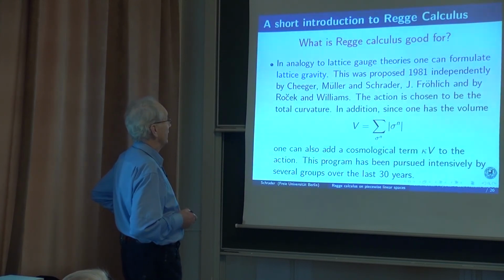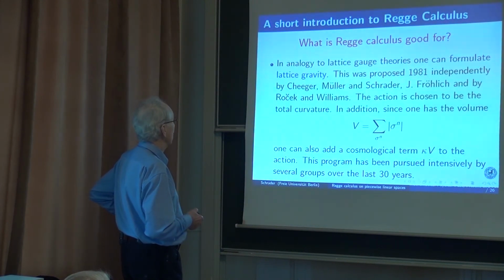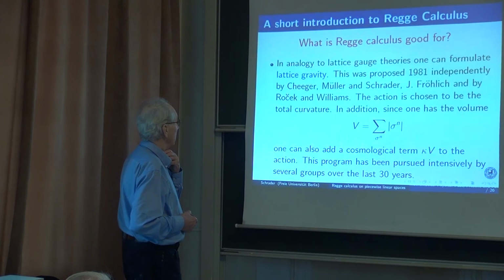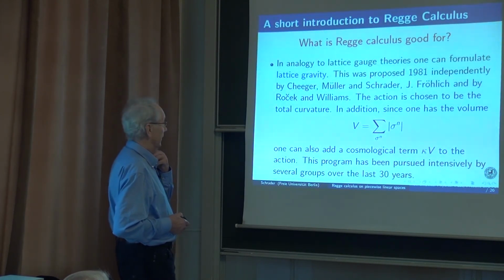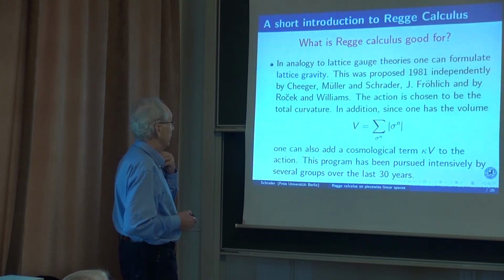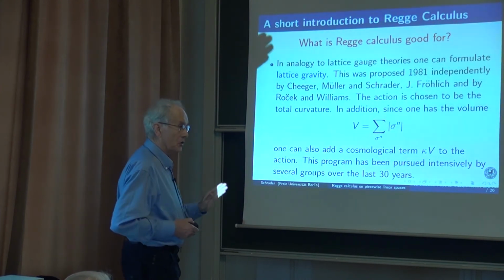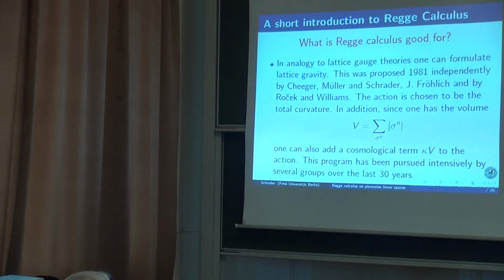And this was hanging around. So what is Regge calculus good for? Well, in analogy to lattice gauge theory, one can formulate lattice gravity. This we proposed, Cheeger, Müller, and I, and Fröhlich, and Rocek and Williams independently in the same year. And I gave a talk when the Heisenberg Institute was established in Munich. So you have a total curvature, which you can think of as the Hilbert action, and then you have a volume.